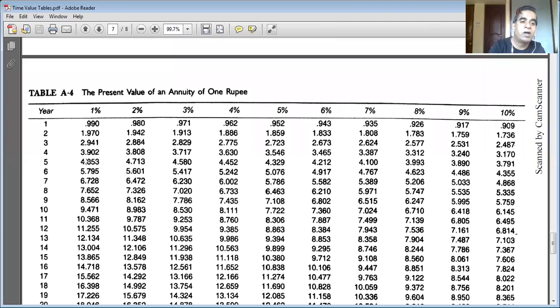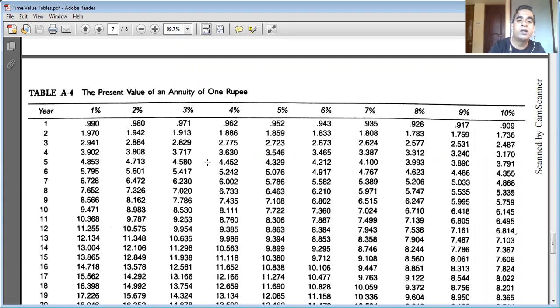In the 5th year row I have to find two values, these are present value interest factors, that are closest to 3.214. 3.214 is the payback period which we determined in step 1.